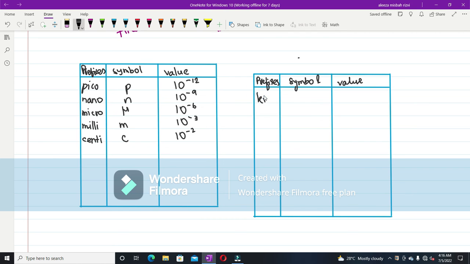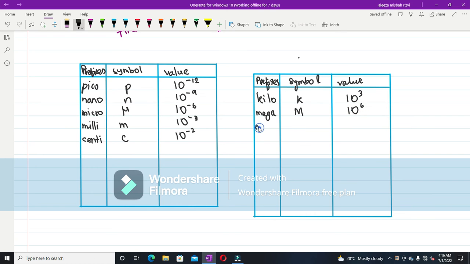The first one is kilo, which is represented by a small k, the lowercase letter, and its value is 10 power 3. Then I have mega, and it is denoted by an uppercase M, and its value is 10 power 6.